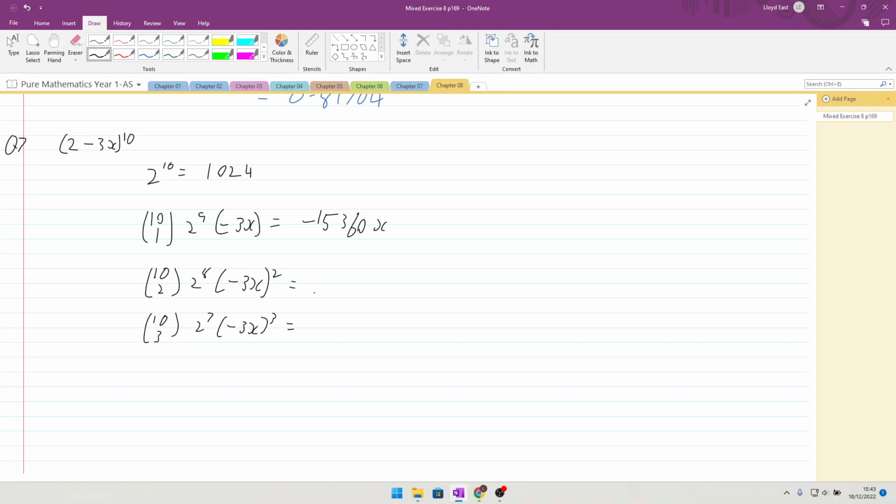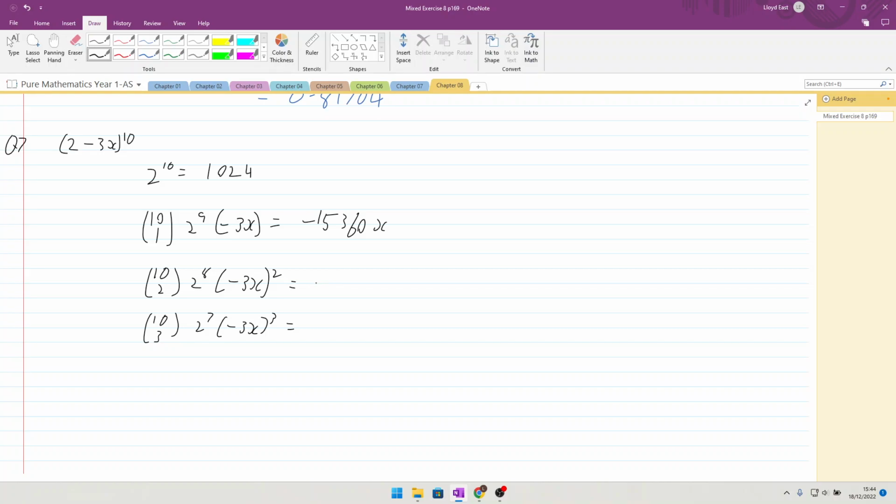Okay, so very quickly, 10C2 is 45 times 2 to the power of 8 gives 11520 times by 9.